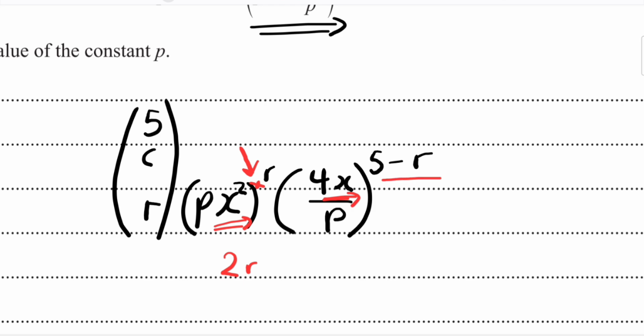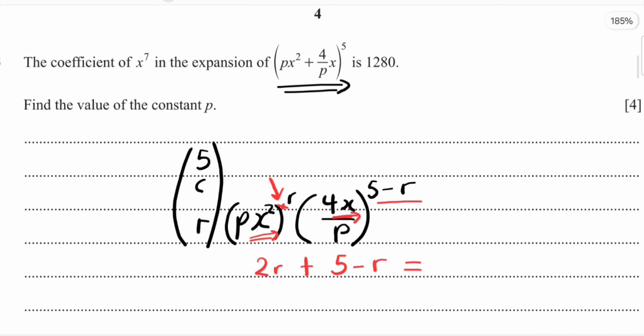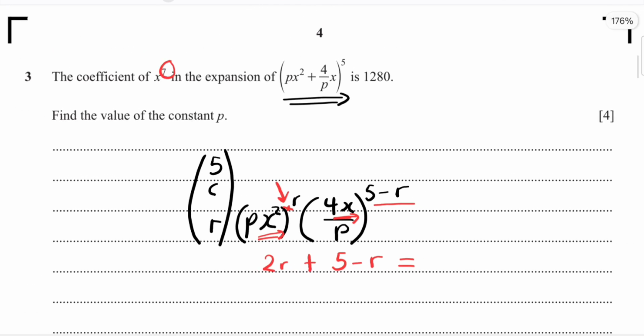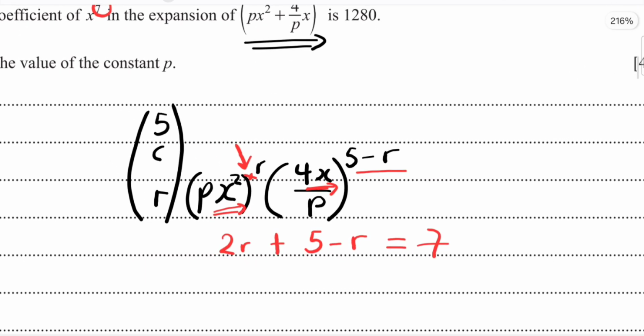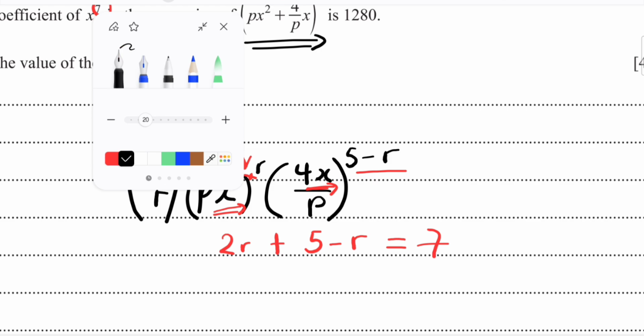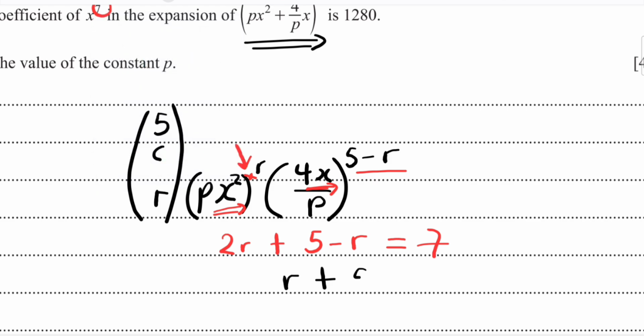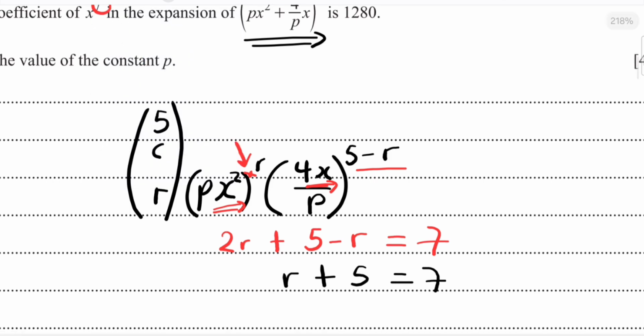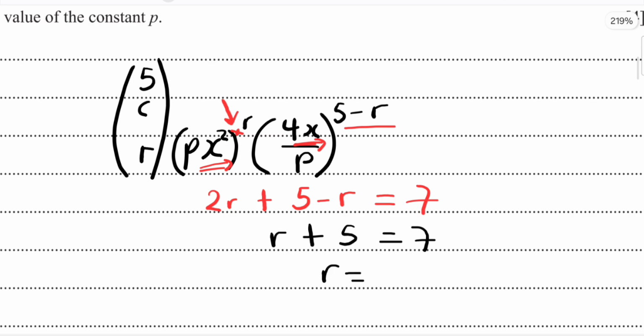So we take the power 5 minus r, then we add the 2r, so it's 2r plus 5 minus r, right? So then this should give us what? This should give us 7. The total of the powers should be 7. So 2r minus r, that's r, plus 5 is equal to 7. Then we get our r being equal to 7 minus 5, which is 2.